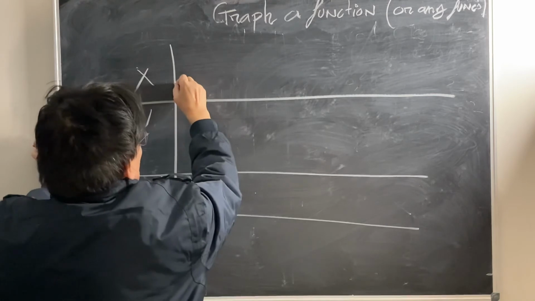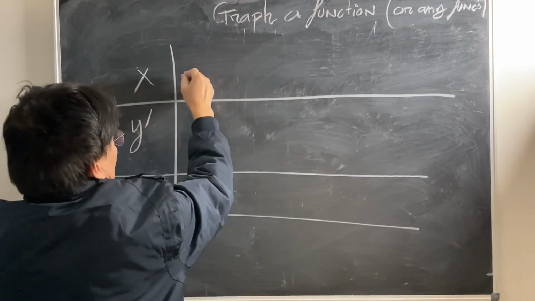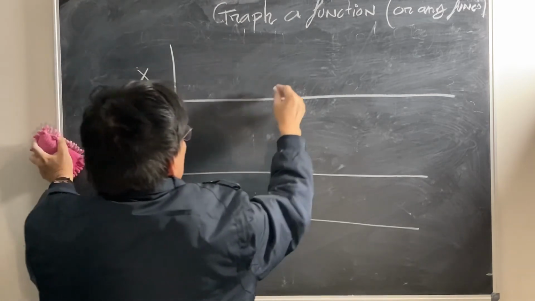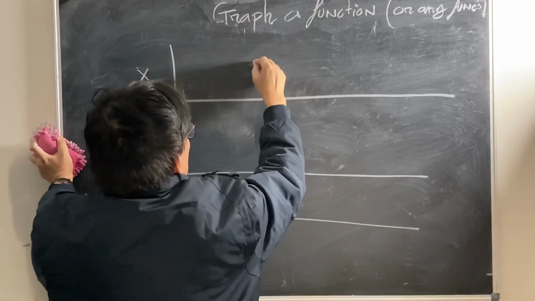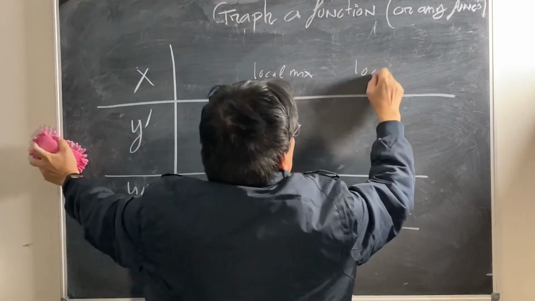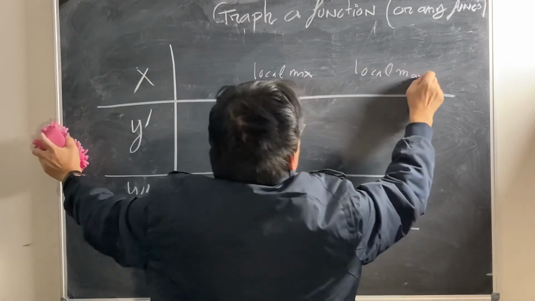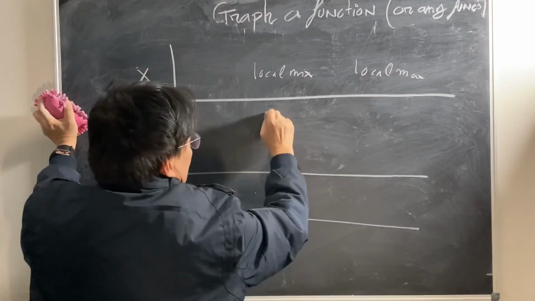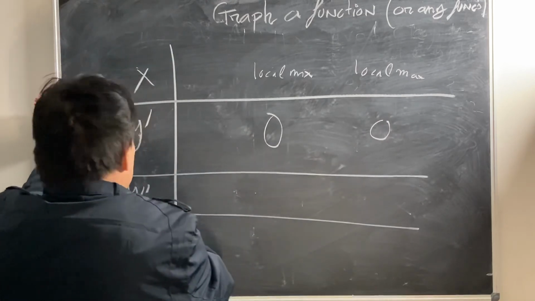From the domain, find the domain, and then find local max and local min. At a local min or local max, y prime equals 0.